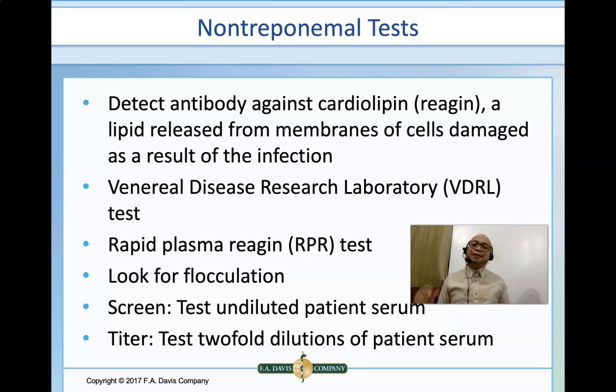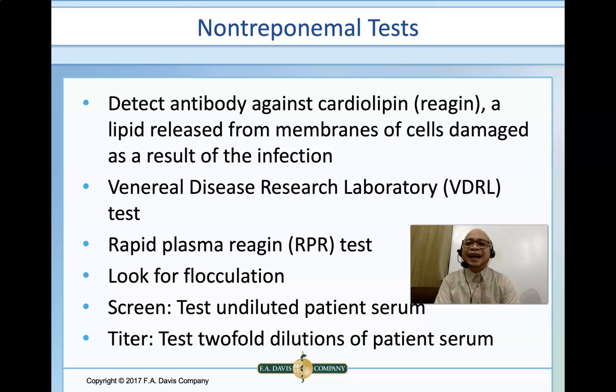A more popular test is the RPR, or Rapid Plasma Reagin test. Its main disadvantage is that we cannot use it for CSF samples, hence it is difficult to use to diagnose neurosyphilis.